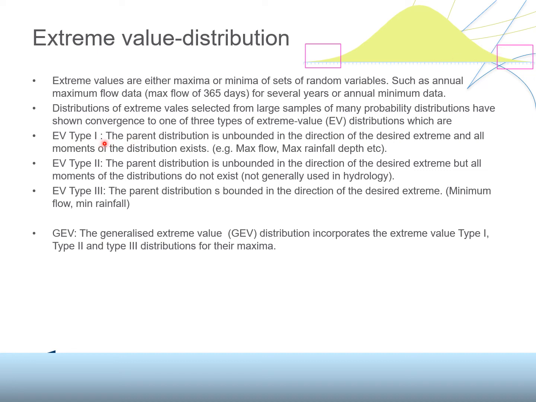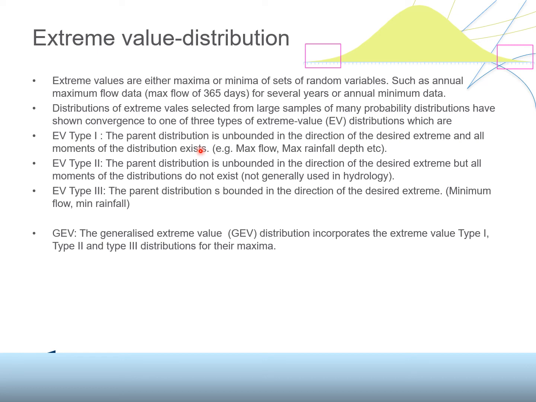We use type 1 distribution when the parent distribution is unbounded in the direction of desired extreme and all the moments of distribution exist. Okay, so for example, maximum flow, there is no bound towards the maximum flow, right? The flow can be any value, there is no limitation.